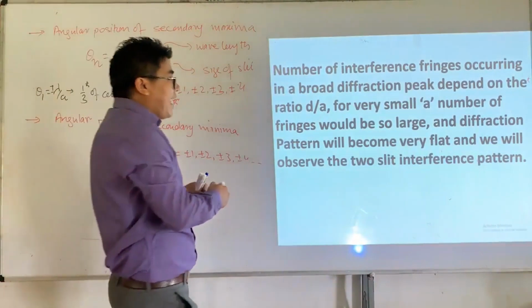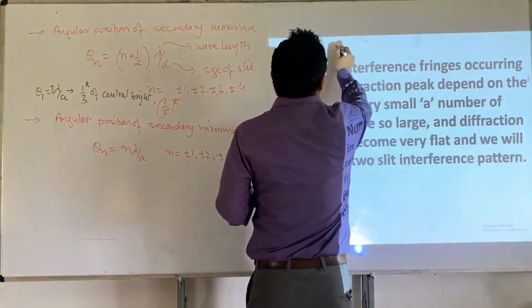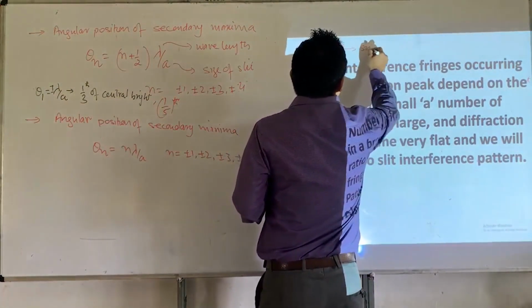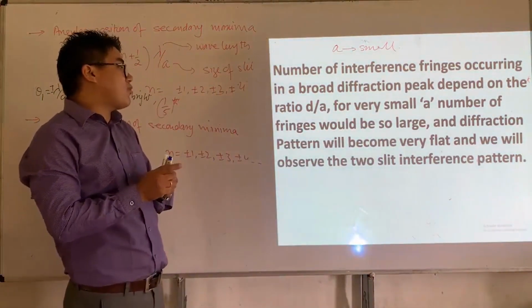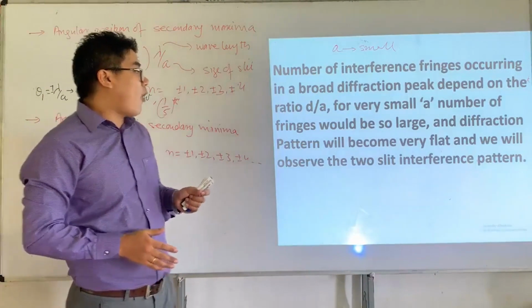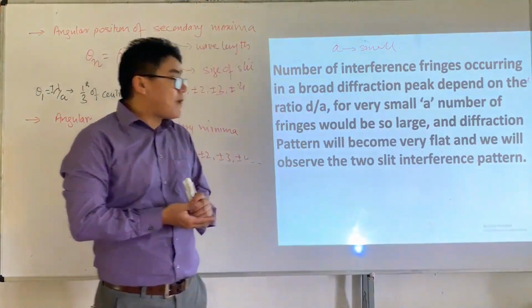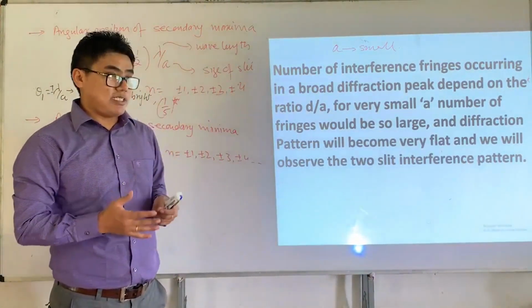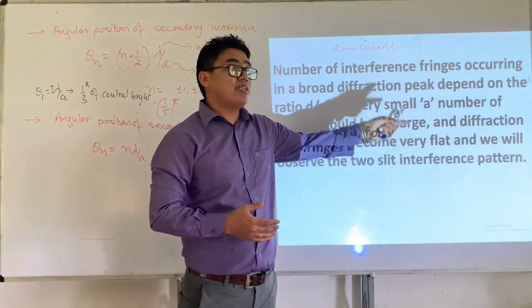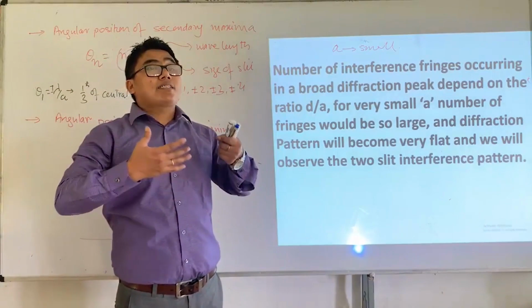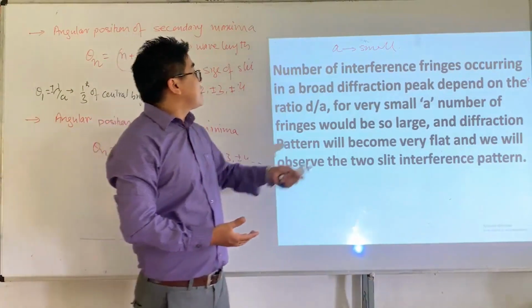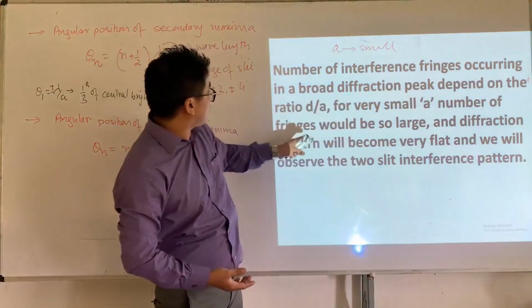For small A, in the limit, if A is very, very small, the diffraction pattern will become flat and we will observe double slit interference fringes. So the condition to get a double slit interference pattern is that this ratio should be maintained.